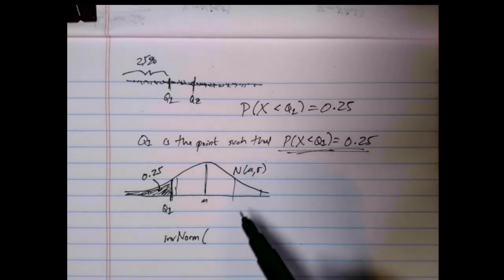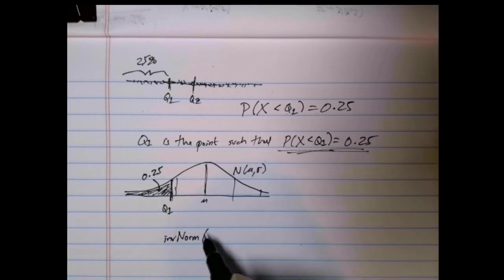InvNorm is for normal distributions. InvNorm takes 3 arguments. You remember that normalcdf can take 2 or 4. The first 2 are always the left and right endpoints of an interval, and the last 2, if you put them in, are the mean and standard deviation. If you don't put them in, they're just 0 and 1. InvNorm can take 1 or 3.